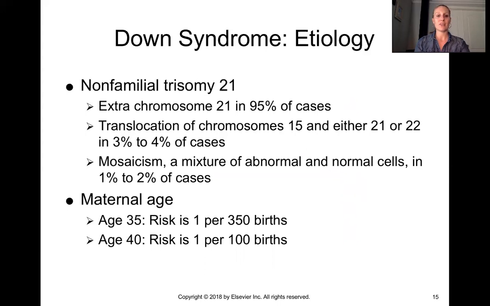And you can see here there's the maternal age and the risk factors. However, saying this, your risk does increase at age 35 and goes up even more by age 40. However, 80% of Down syndrome babies are born to women under the age of 35. Now, that's mostly because women under the age of 35 are having more babies than those over 35, but it is an interesting way to look at it.